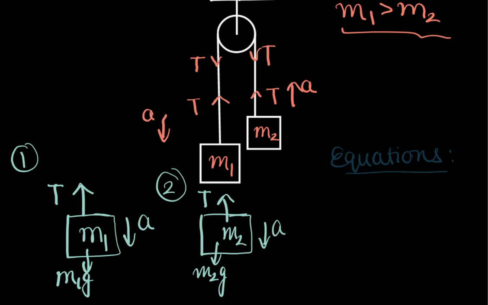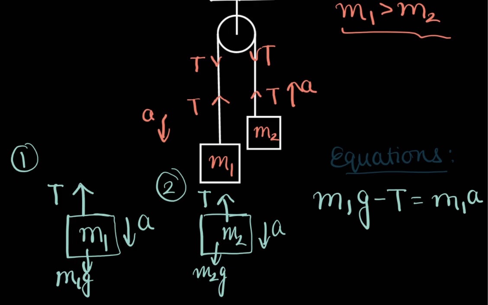This means that m1g is greater than T. The force exerted by m1g minus the force exerted by the tension is equal to the net force. There is no force in the horizontal direction. So m1g minus T is equal to m1a.